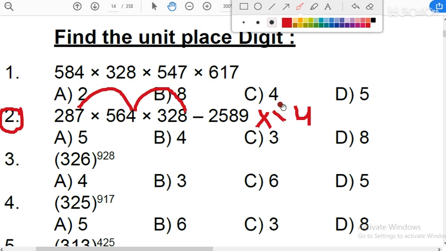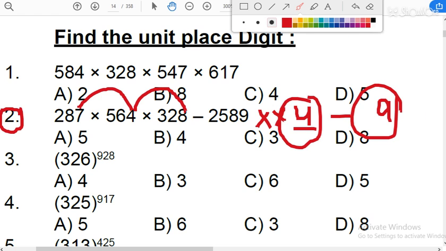So crosses are there, and the unit place is 4 minus the unit place 9, and something is written like 2589. Students, we cannot subtract 9 from 4, so we have to take a carry here. So that means 14 minus 9. So the unit place will be 5. For the second question, the unit place will be 5.